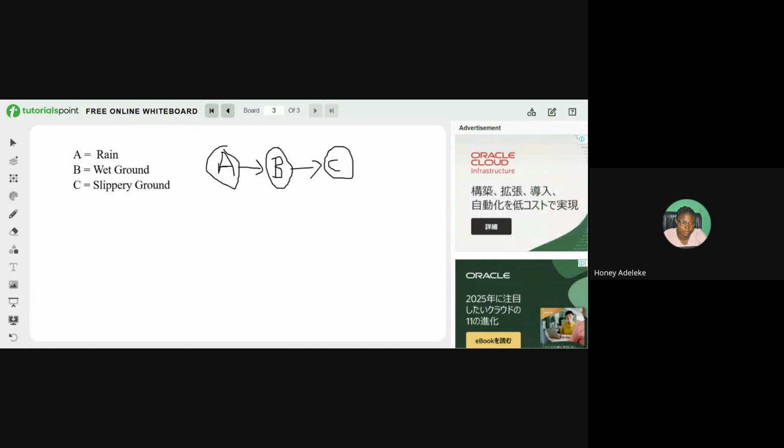Now, what is the chain path telling us? It's telling us that if we know our B, then we might not really need further information about our C, because we can predict our C based on the information that we know.